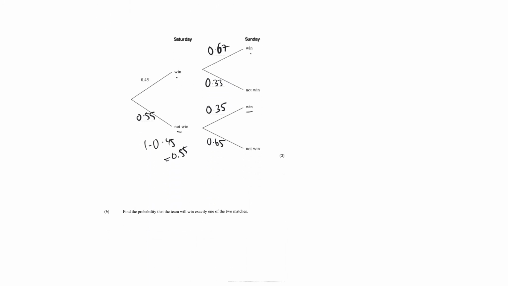Then it says find the probability that the team will win exactly one of the 2 matches. So to do that, remember to work out the probabilities of 2 independent events, you need to multiply them.